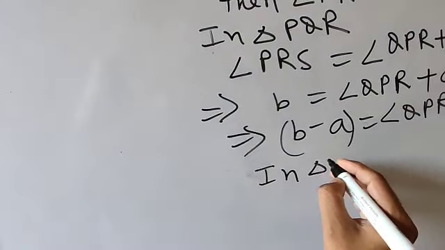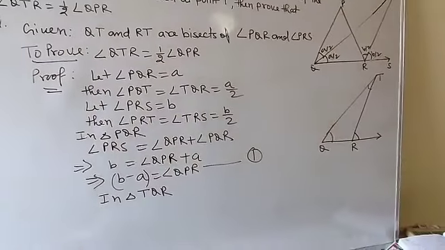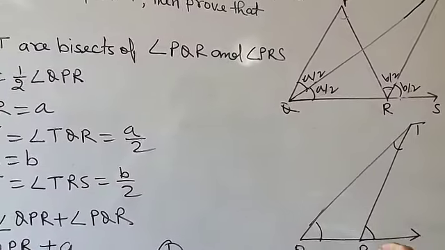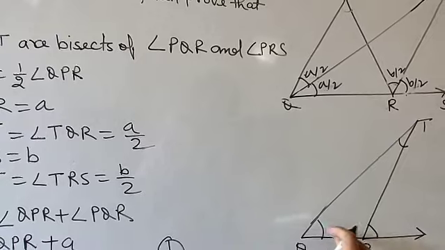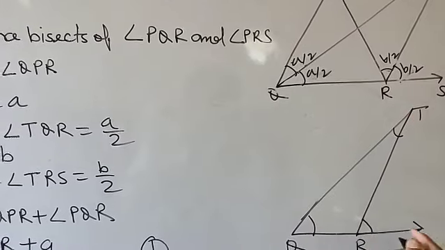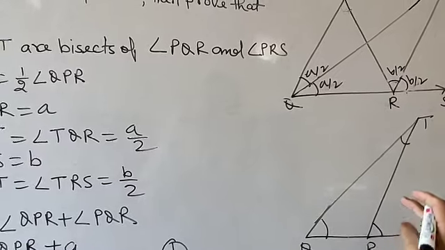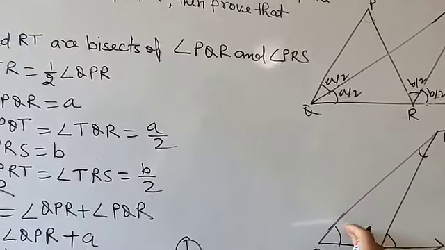In triangle TQR, you can write that angle QTR is an interior angle, angle TQR is an interior angle, and angle TRS is the exterior angle. So you can write that angle TRS equals the sum of the opposite two interior angles.